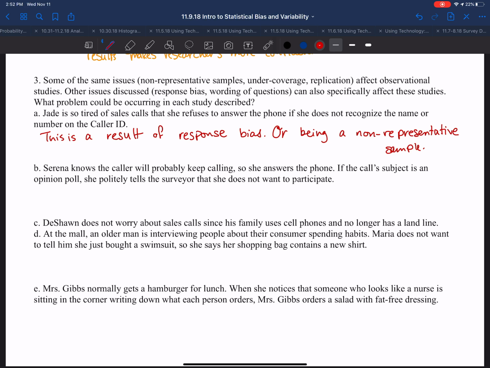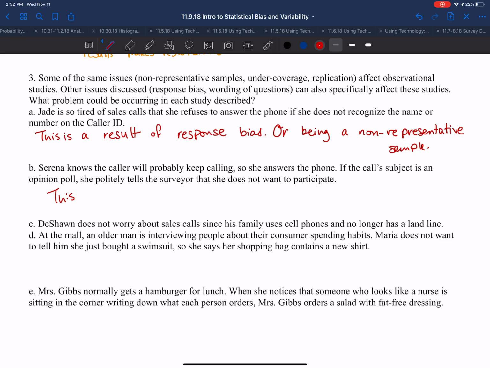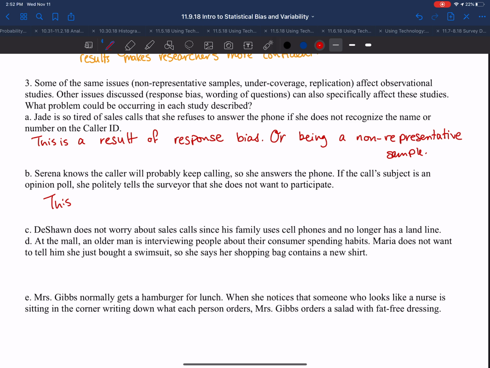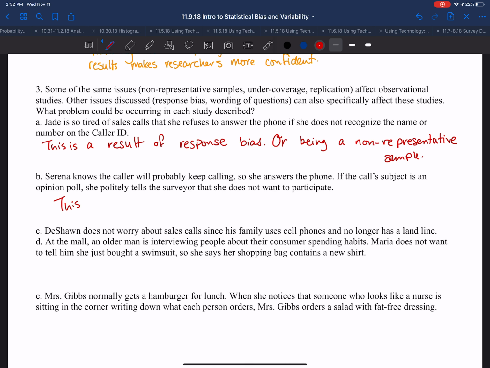It's a non-response. So this is an example of a non-response.